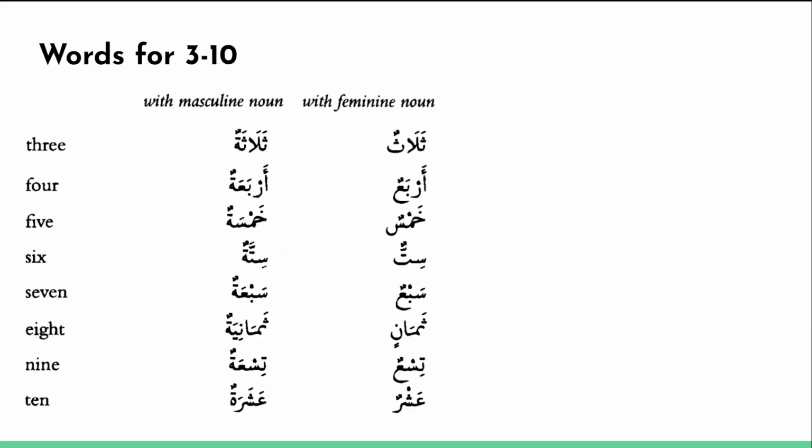Okay, so let's move on to the numbers 3 through 10, because these are very common. So we'll go through and we'll just count from 3 through 10. And we'll start with this column here, which is the words that you use when you're describing a feminine noun. So a noun such as tawilatun, which means table, or sayyaratun, which means caravan or car in modern Arabic.